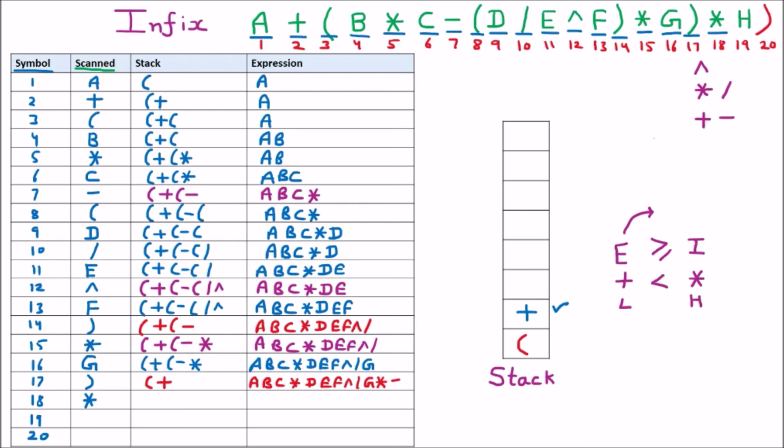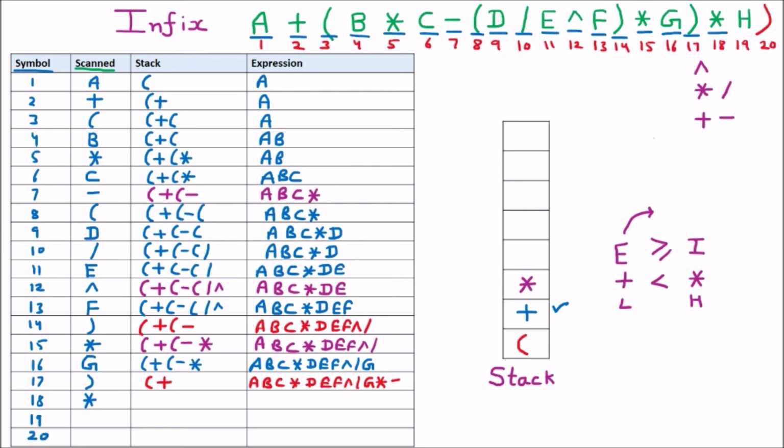So that rule is not followed, because the existing operator does not have higher precedence than the incoming one. So plus will not go out. Here star will be added. So the rule is: whenever we have a low precedence operator on the stack and a high precedence operator is coming, the low one will not go out.